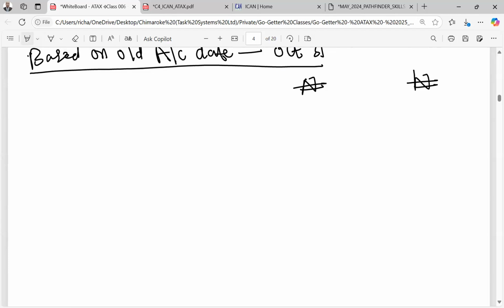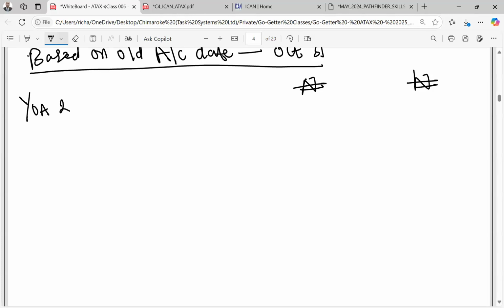So start. This is your year of assessment, 2020. Your basis period will be November 1, 2018 to October 31, 2019. That's your basis period.